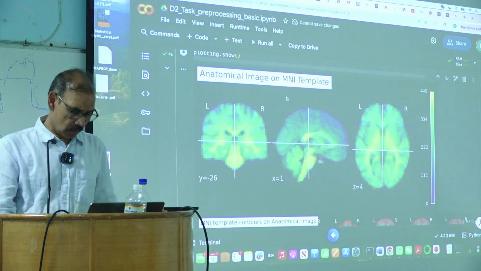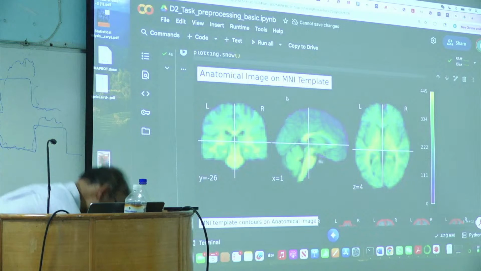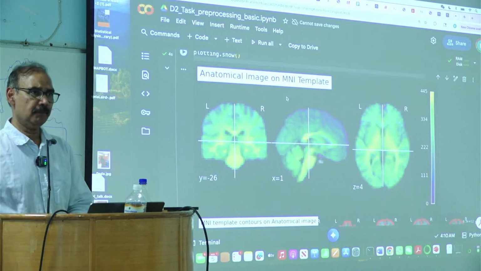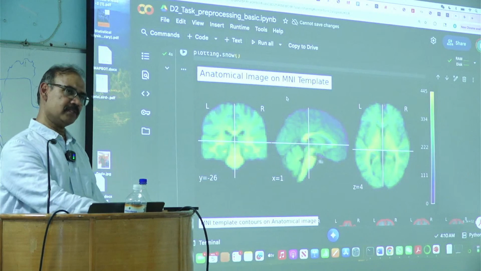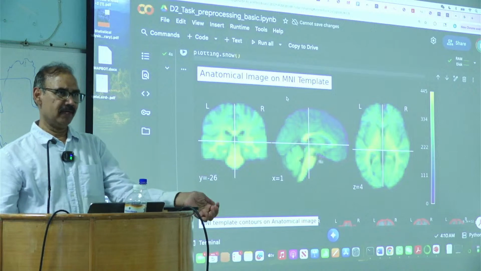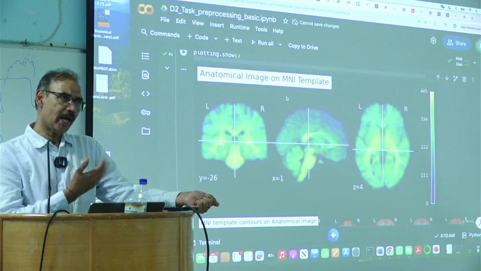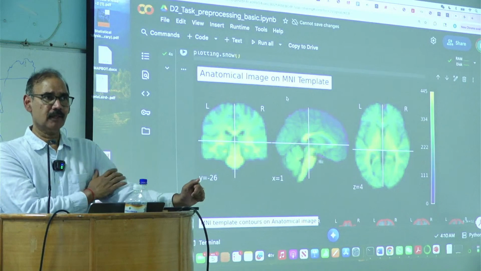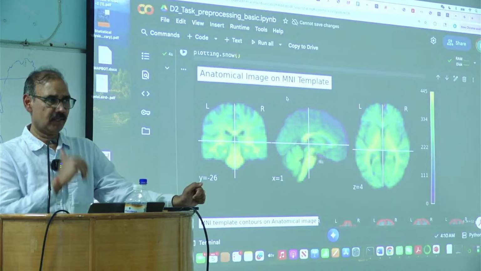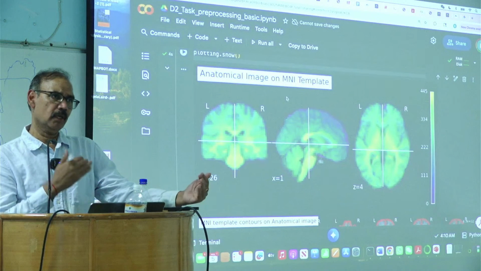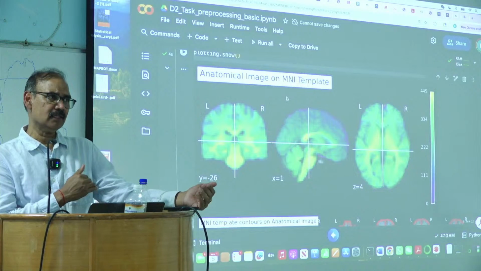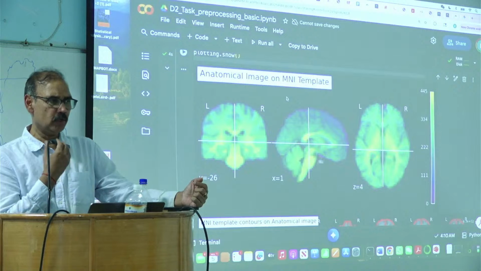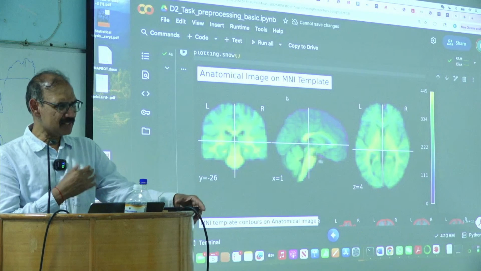Something more straightforward. Let's say we were talking about autism, and let's say the age range I'm studying is between 5 and 8. Should I be using this to transform kids' brains? Maybe not a good idea. This template is for healthy adults. If you were studying older subjects, it is still valid.